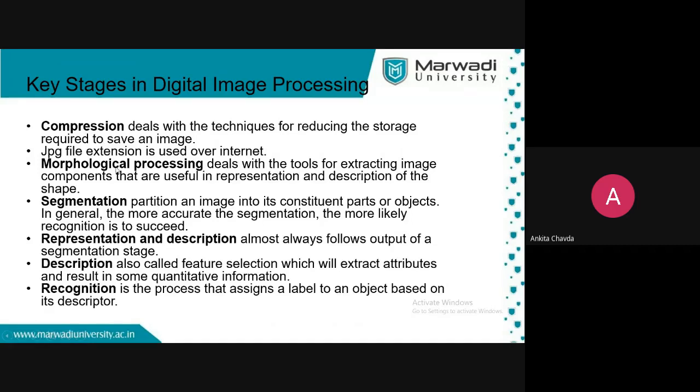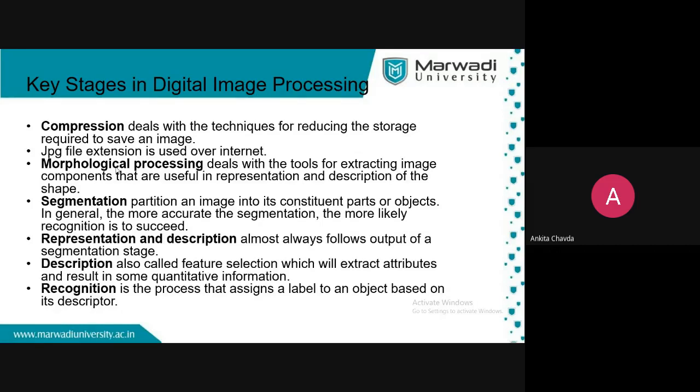Then morphological processing. Morphological processing deals with the tools for extracting image components that are useful in the representation and description of shape, and the rest of the things we are making a black or white image, because we are not interested in that. From the image you are choosing where you are interested, right?